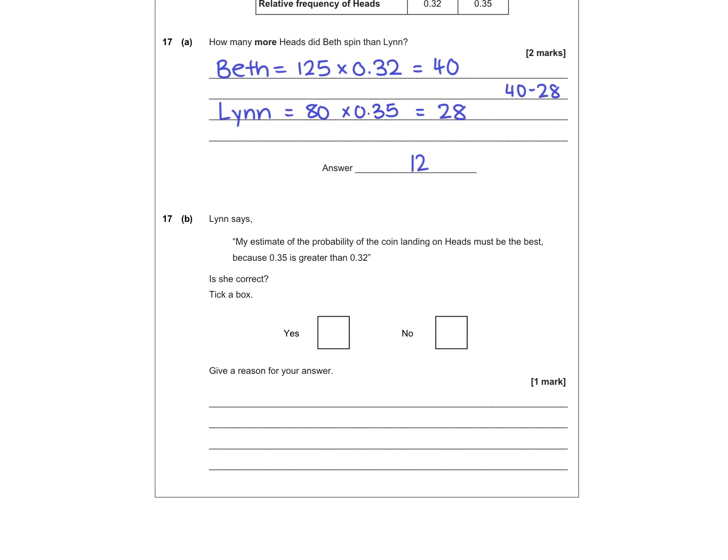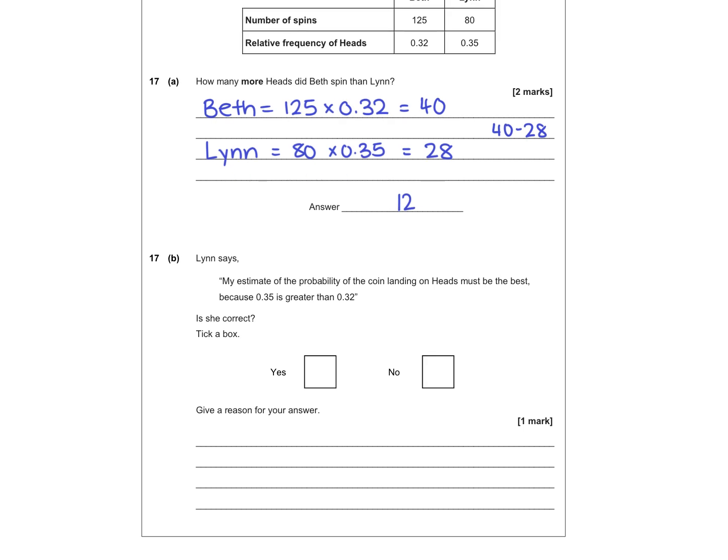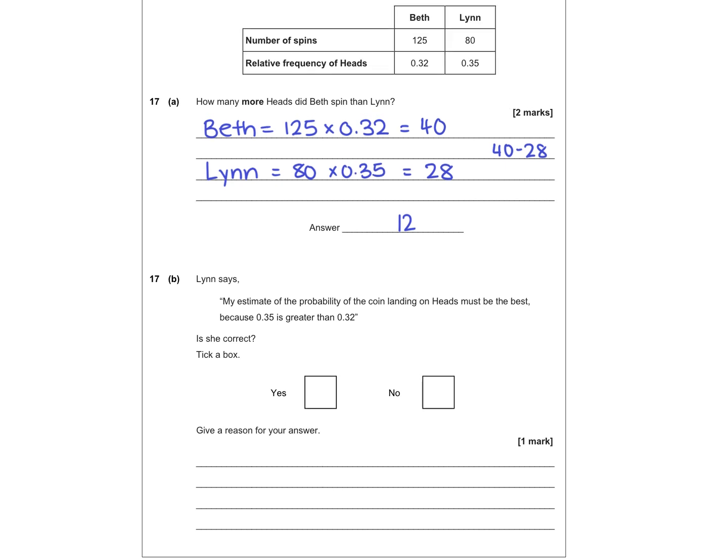And then for part B, Lynn says, my estimate of the probability of the coin landing on heads must be the best because 0.35 is greater than 0.32. Is she correct? Tick a box, give a reason for your answer. And unfortunately, she is not correct, because it has nothing to do with the relative frequency. It actually has to do with the number of spins.